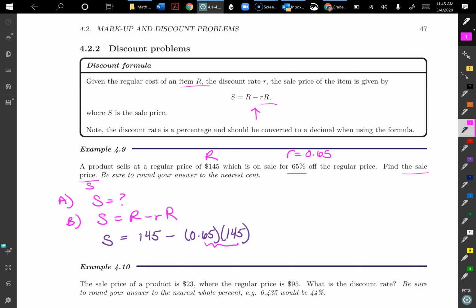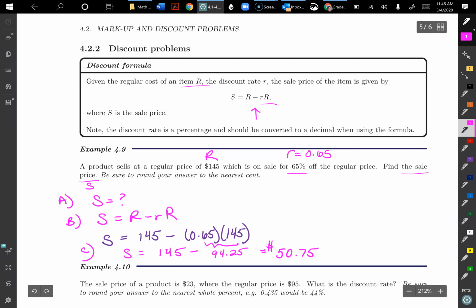If you crunch the numbers on that, you get 94.25. Okay, so I have S equals 145 minus 94.25, which comes out to be $50.75.